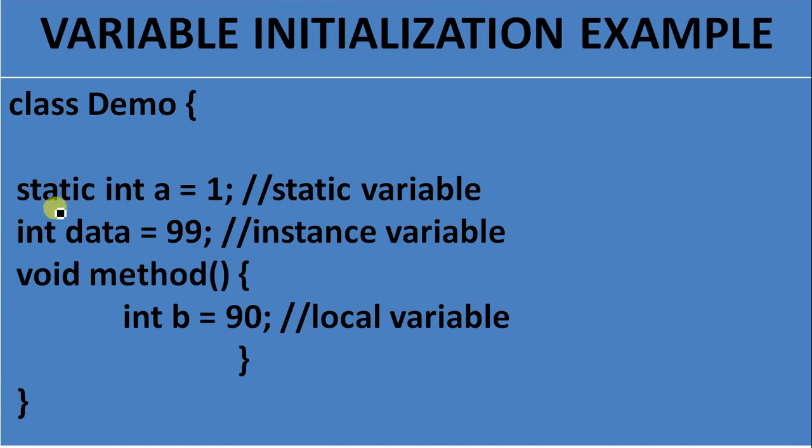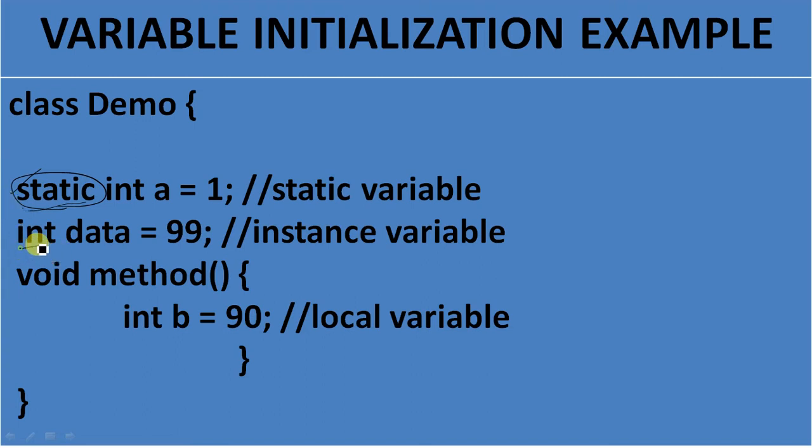Here you can see this is a static variable, static int a. To define a static variable, we use the static keyword. For defining an instance variable, we need not use any keyword.